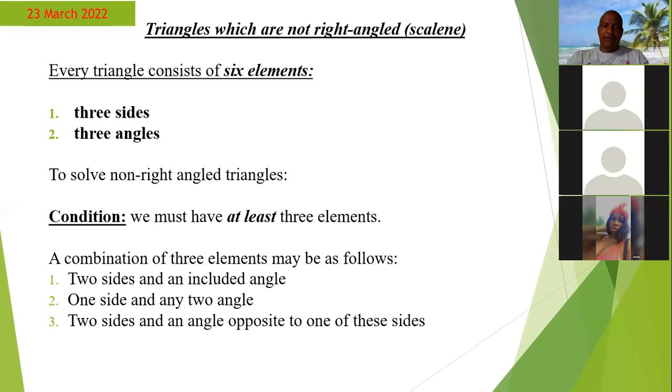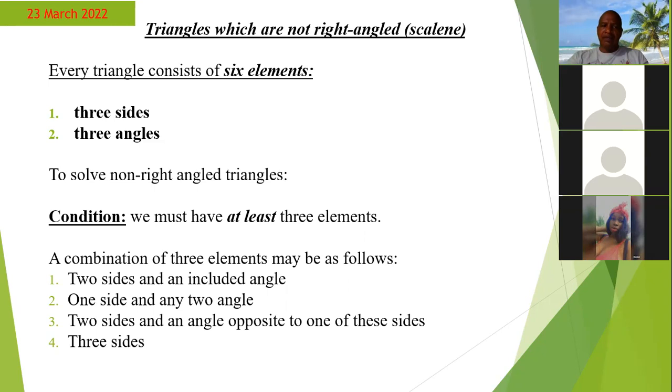You could have 1 side and 2 angles. You can have 2 sides and an angle opposite to one of these sides, or you could have all 3 sides. So these are the 4 different combinations in which you can be given 3 elements. So in a question, you could be given 3 elements in any of these combinations.